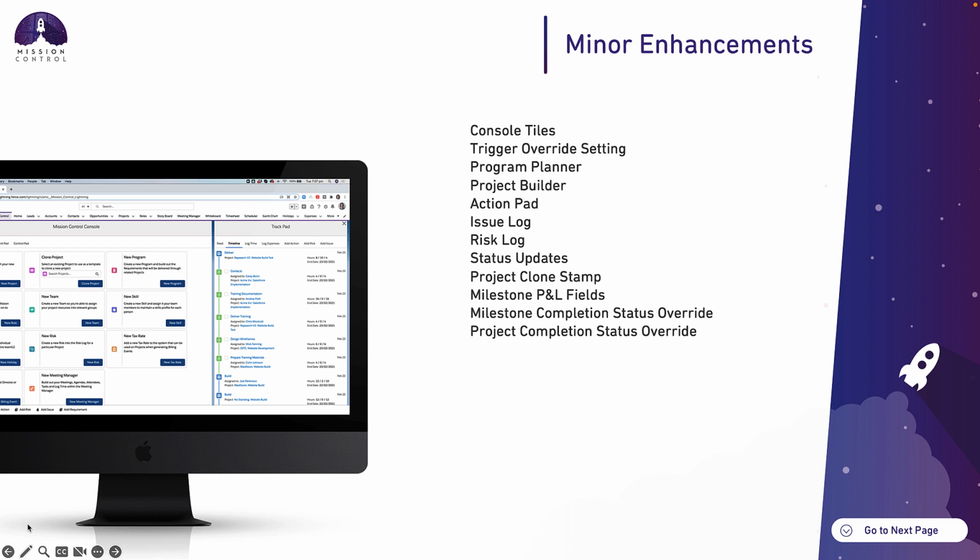So we've added in a feature on the control pad that will allow you to turn off all of the mission control Apex triggers. So there are various Apex triggers that execute when records are inserted, updated, or deleted within mission control objects. So customers may want to be able to disable these triggers from executing in certain situations.